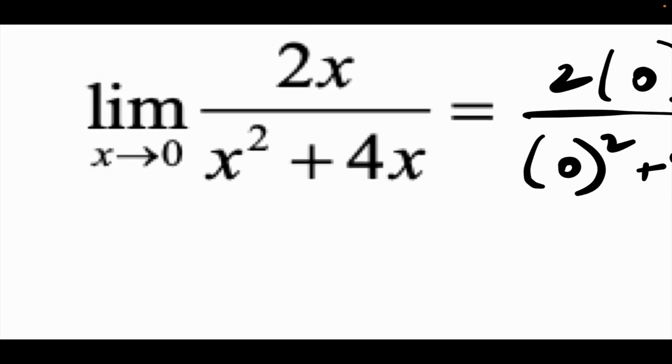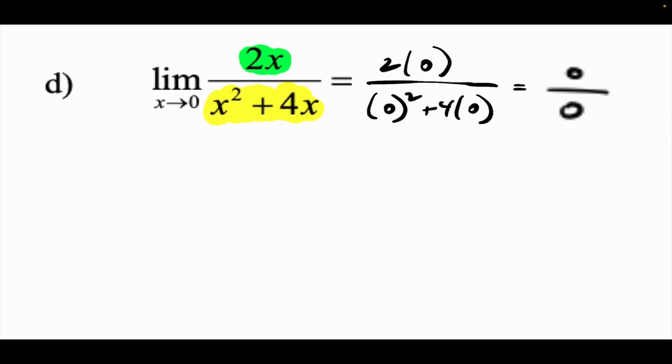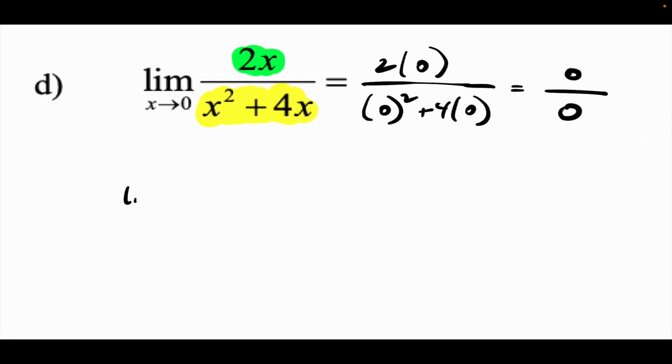Kind of looks like the last guy, except it's not as long, right? So we're going to do the same thing. The top is a monomial. The bottom is a binomial. Let's factor. So let me rewrite the problem. The green.